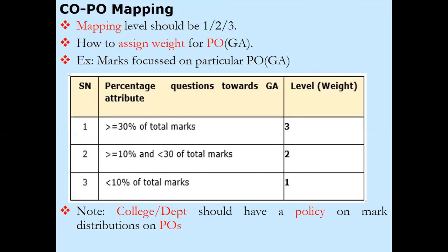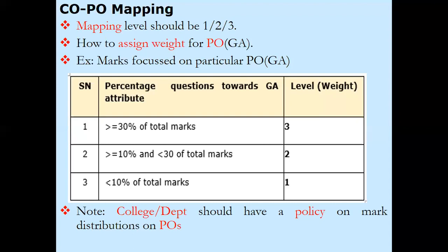How to assign the weights for the POs, the graduate attributes? There are 12 POs, whether it is the computer science program, ECE or electrical, it doesn't matter, but you have to map those POs. How to map them? You should have a certain procedure at the college level or department level for mapping.